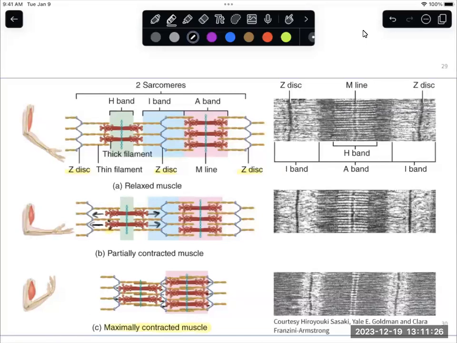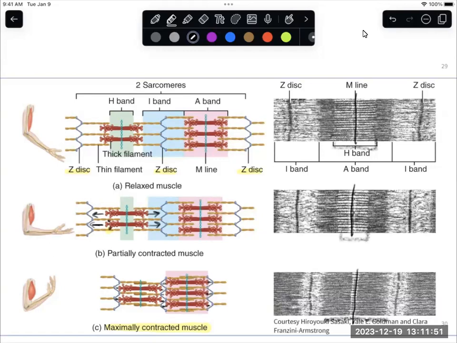That is them walking along that actin filament to shorten that muscle. So if we look at the microscopic picture here, you can see this M line. The M line never changes, it stays in the middle every time. But what is changing? This H band got smaller. That H band disappeared.